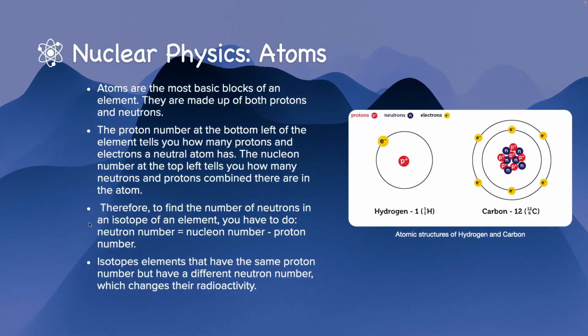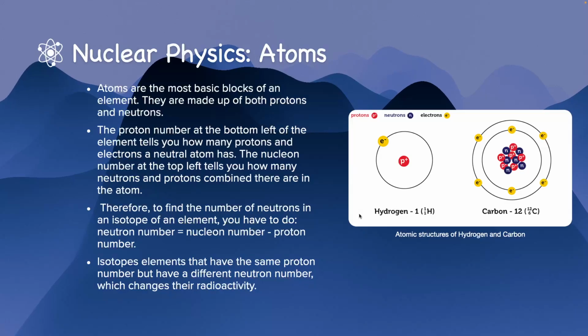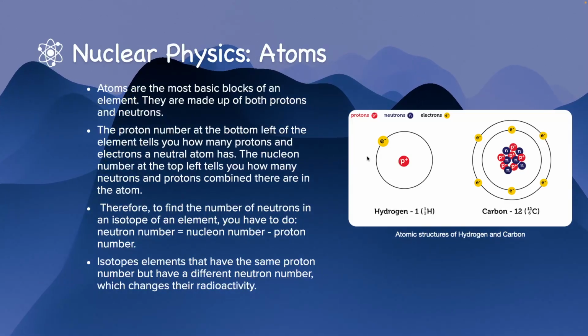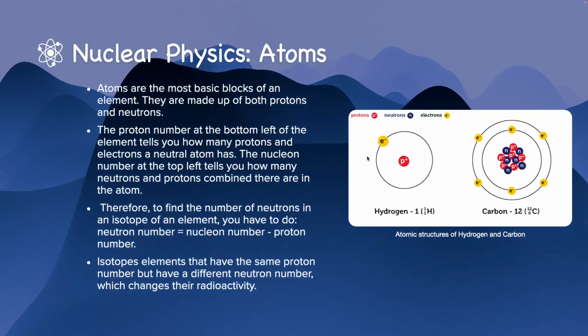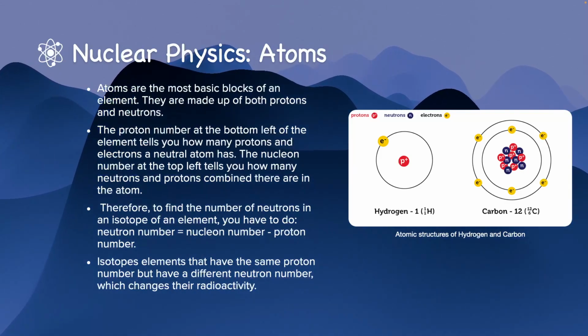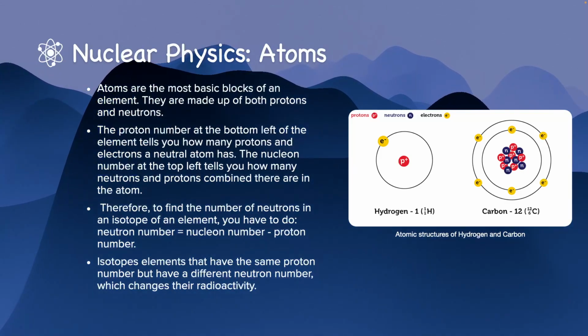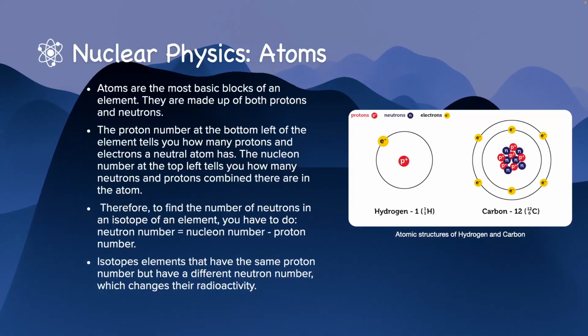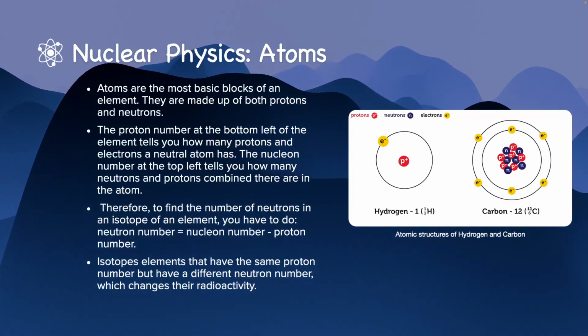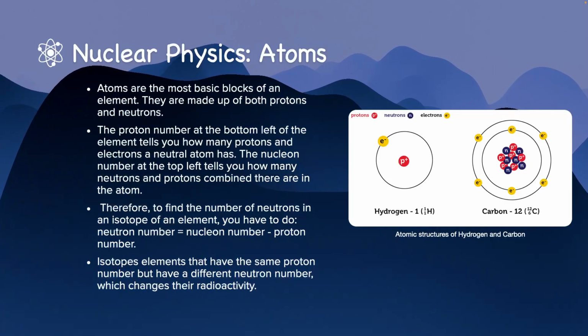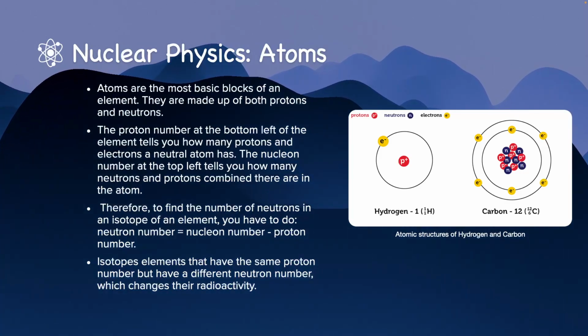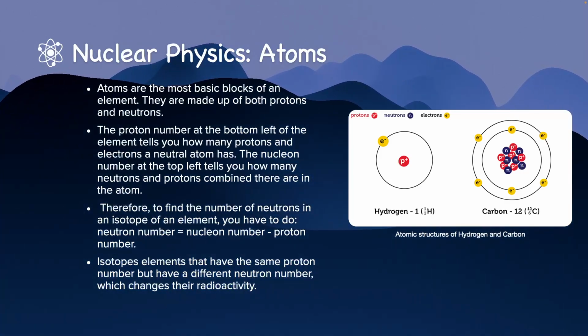neutrons. And this differs across each isotope. By the way, an isotope is a variant of an element with a different neutron number. So for example, chlorine-35 has 35 nucleons, but chlorine-37 has 37 nucleons, and it has 2 more neutrons. Yes.